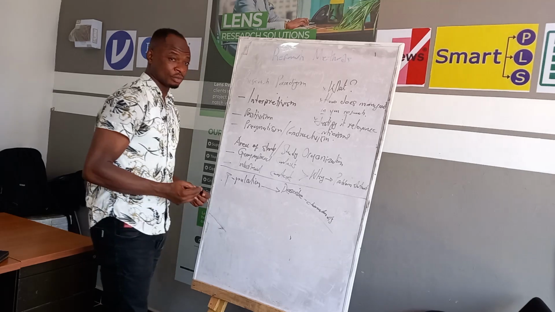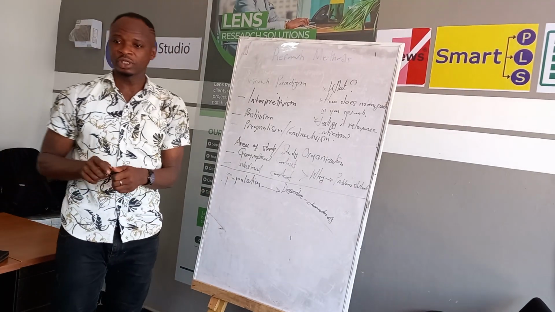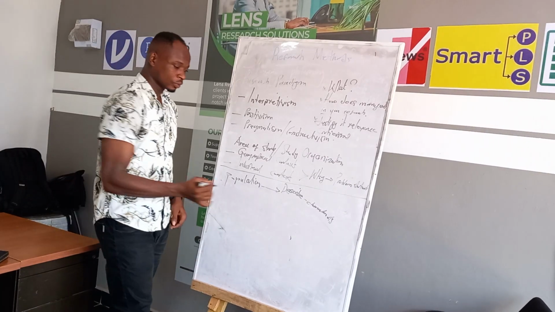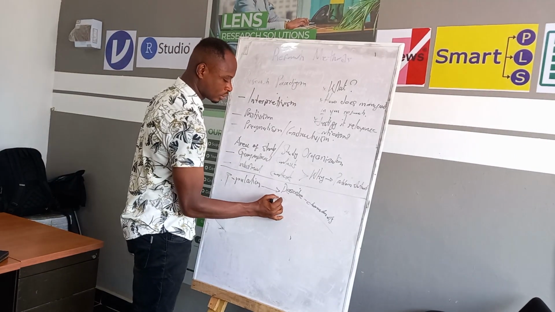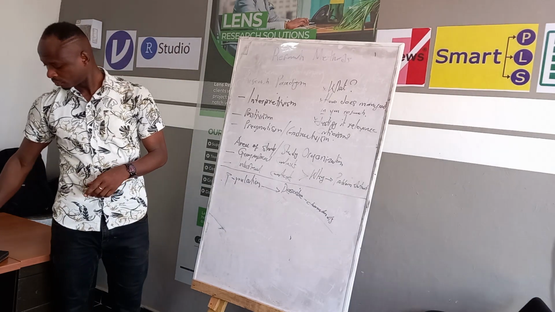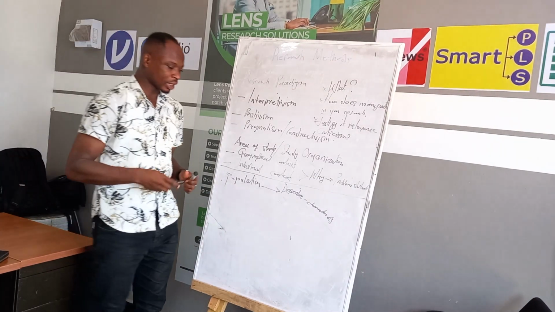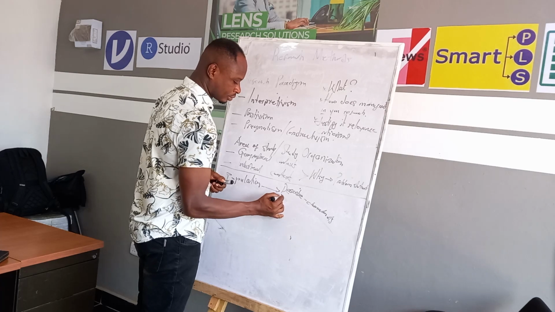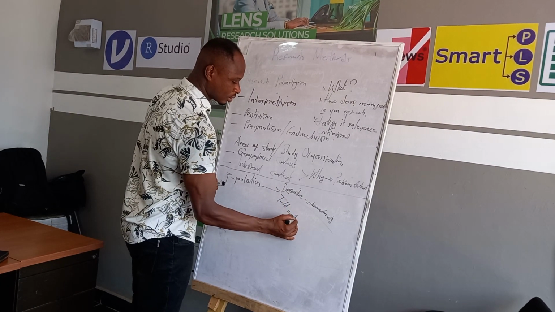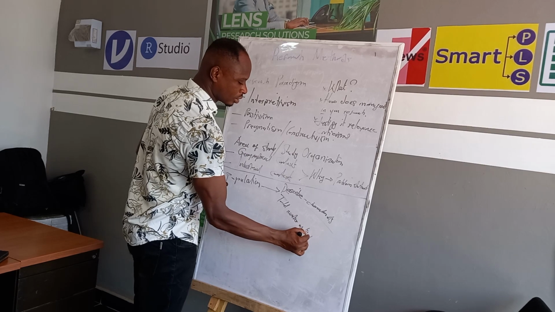If you have an estimated number of the population, you talk about the total number of the population.